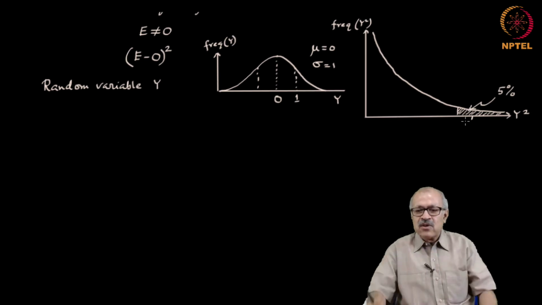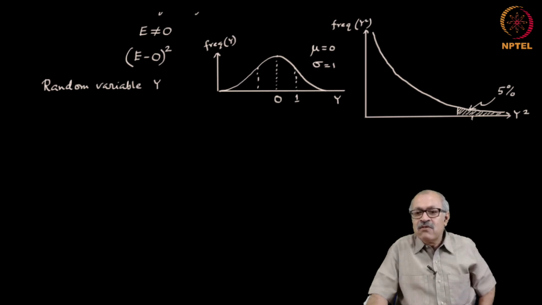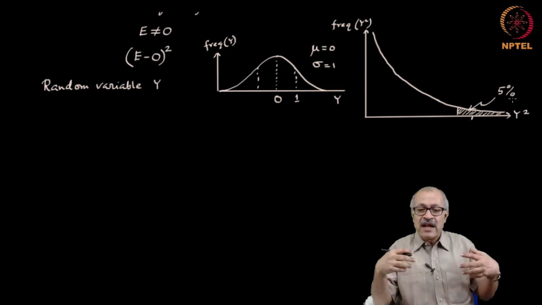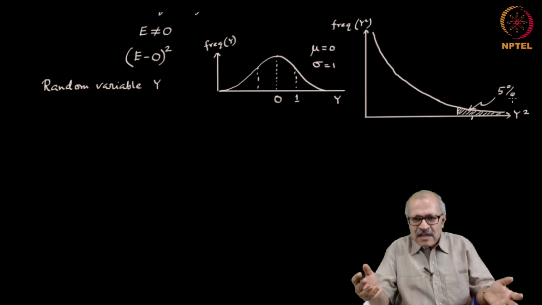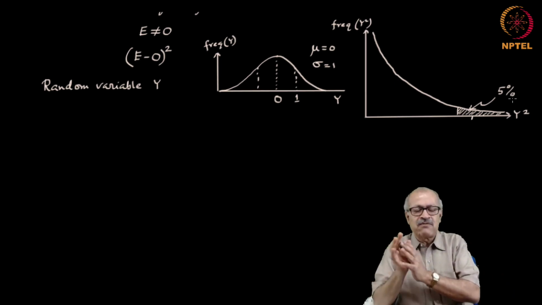The probability of getting a y square value beyond this is 5%, and therefore if you get a value beyond this, its probability is less than 5%. So, we can state with 95% confidence that such behavior is not expected from a random variable.